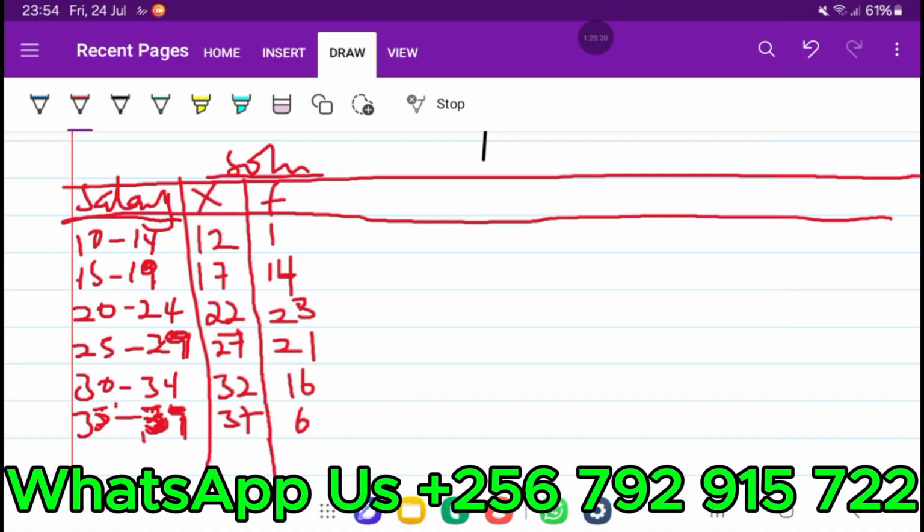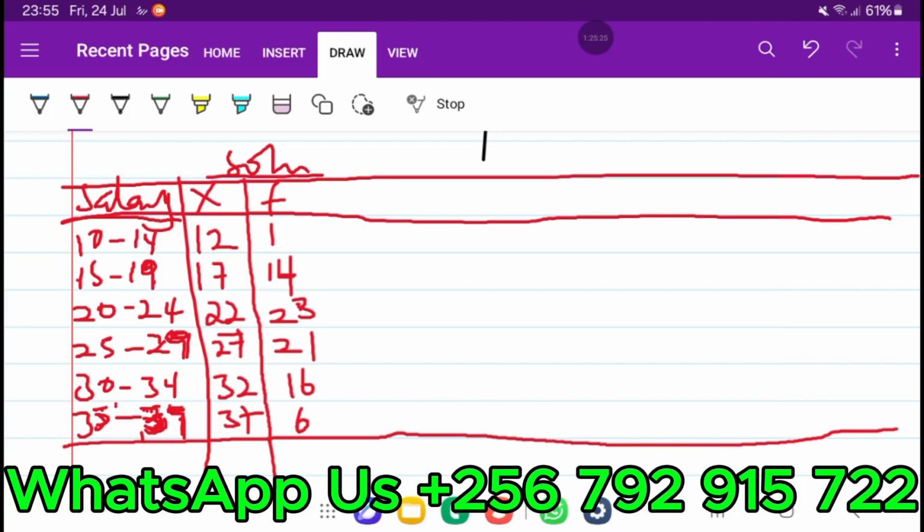Now we add here. We get the summation f, because we are going to use it. So summation f is 81. Our total frequency is 81. Now we go to fx. For fx, we get frequency times the midpoint. 12 times 1, that's 12. 17 times 14, that is 238.